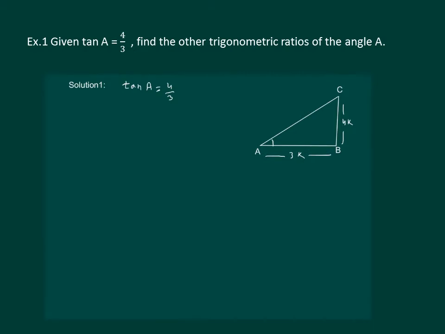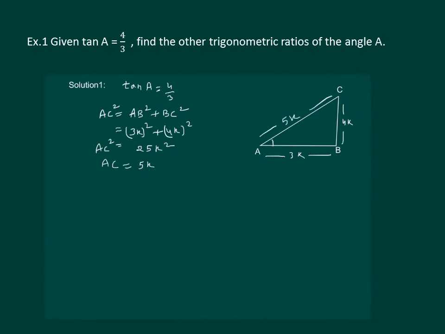So let us use Pythagoras Theorem and find the side AC. We have AC square equal to AB square plus BC square. On substituting the values, we get AC square equal to 25k square, that is AC is equal to 5k.